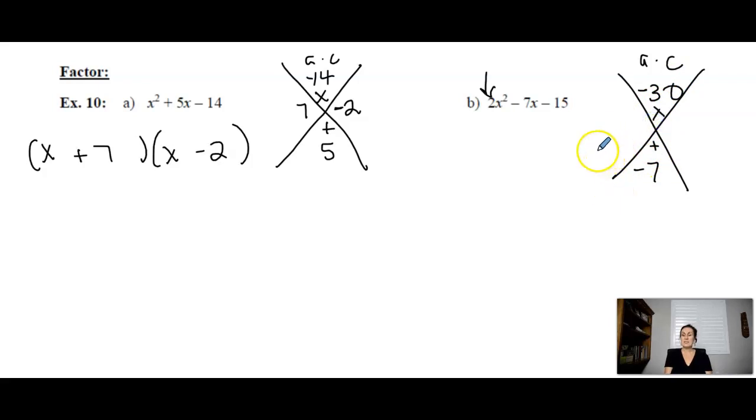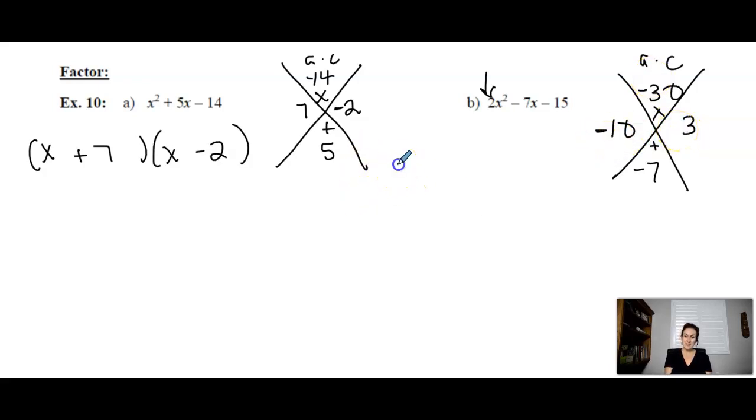So you want to think of the two numbers. 30 has a lot of factors. So you'll go through and try to think of all the different factors, but you want to get negative 7. So I am thinking 10 times 3. And we want the 10 to be negative so that when you add these, you get negative 7. But when you multiply them, you get negative 30.